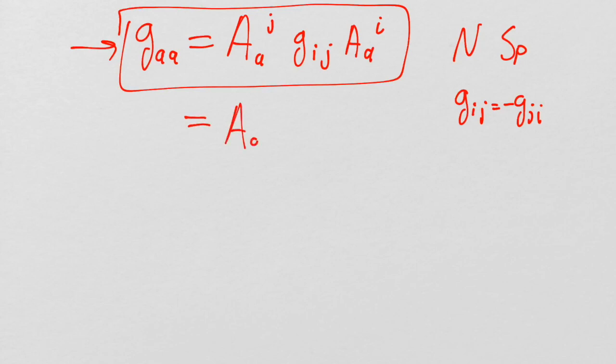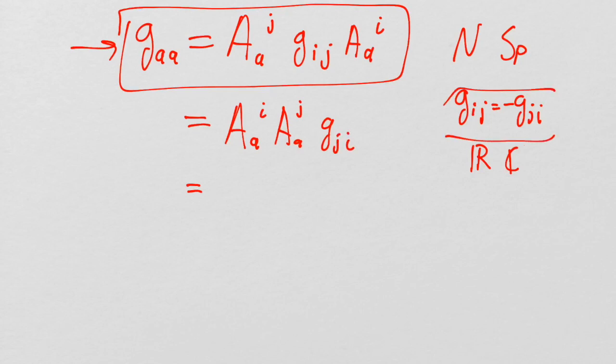We'll commute these things, A_J, A_I, G_IJ. So right away when you see I'm commuting them, I'm talking about real or complex. I've just omitted the quaternionic case. Then once I've done the commutation, I'm going to swap the I's and the J's because they're dummy variables, right? I can do that, right? So this becomes Ji. And then I use the symmetry property to replace this. And I end up with minus.